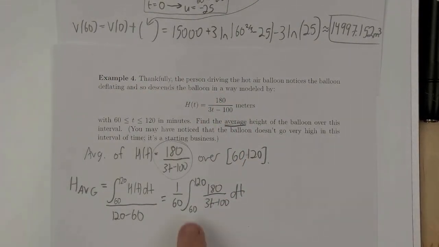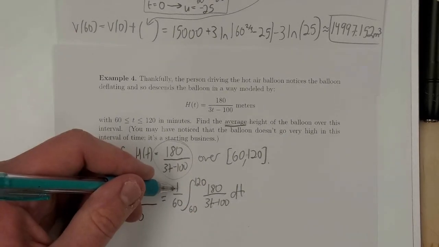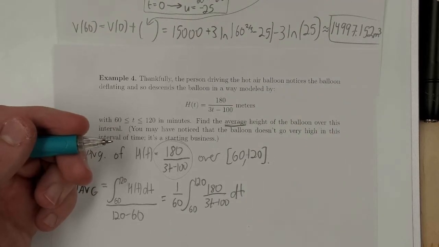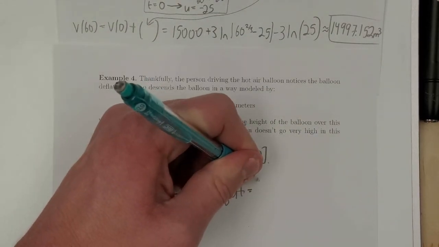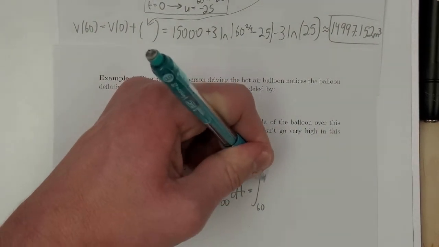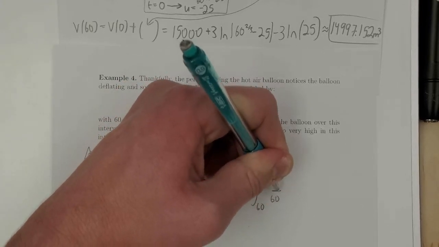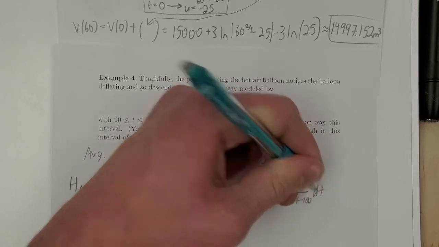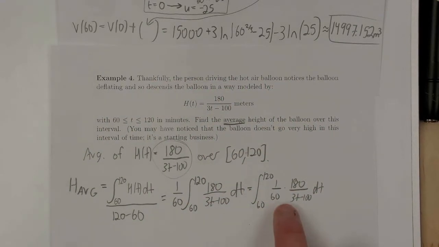So here's what you notice. If we put this 1 over 60 into our integral, then some things cancel out, right? So we have the integral from 60 to 120 of 1 over 60 times 180 over 3t minus 100 dt. So how does this simplify?